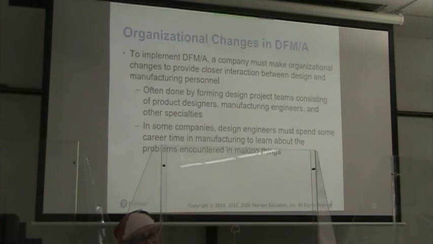In some companies, our design engineers have to begin or at least spend some time in the manufacturing processes to find out what the problems are when we make things.